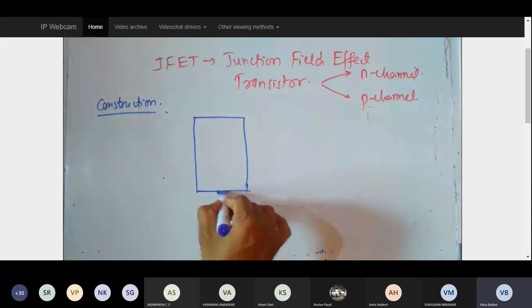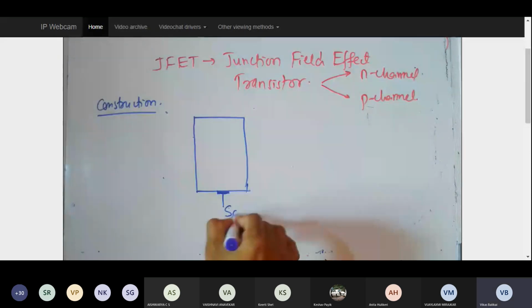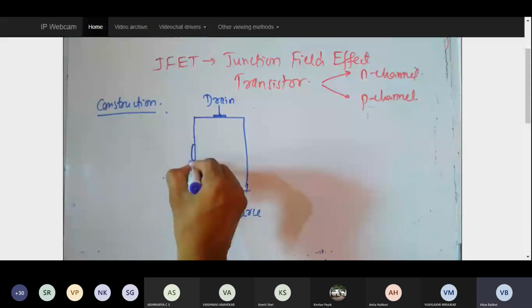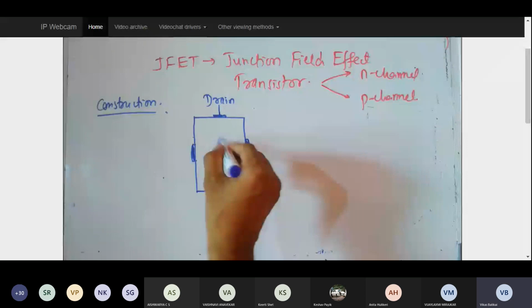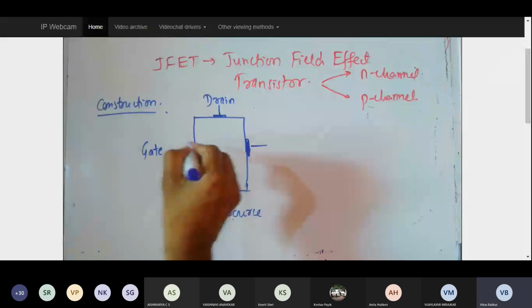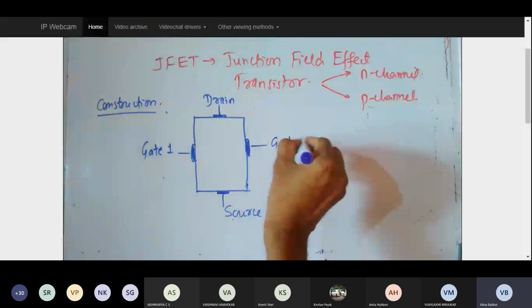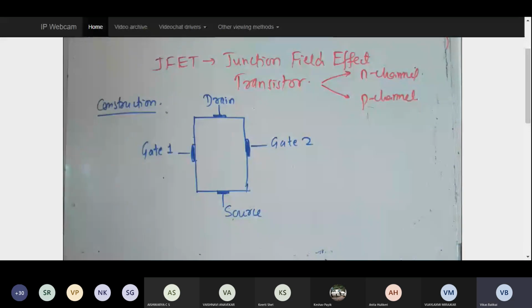Here also there are 3 terminals: source, drain, and gate, and they are all connected to this substrate or body with the help of metallic connections. But here, rather than having only one gate, I have 2 gates.